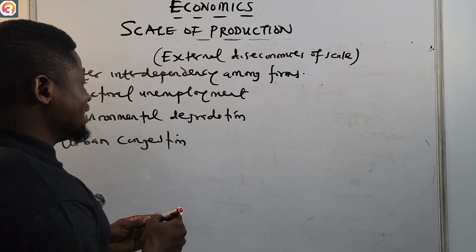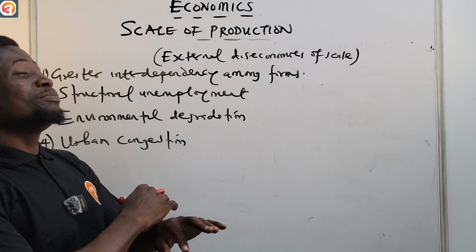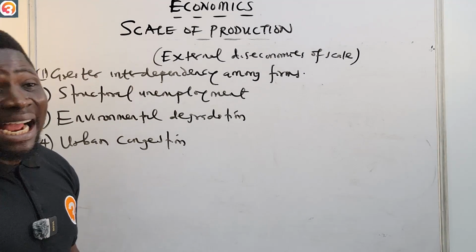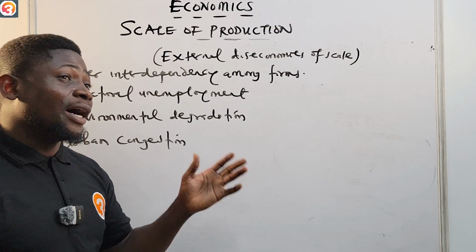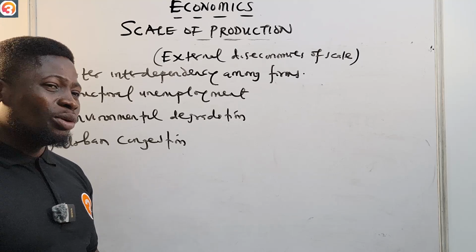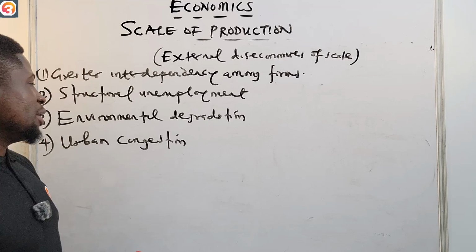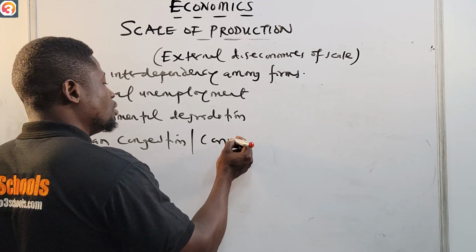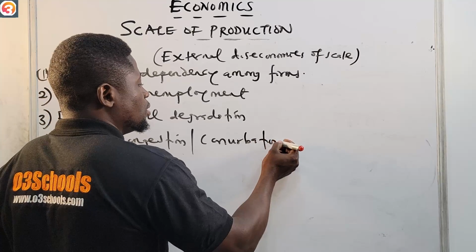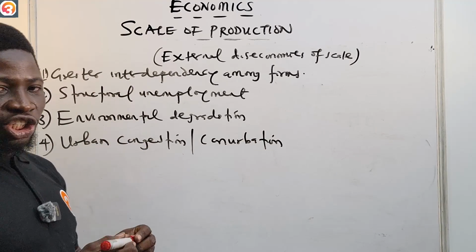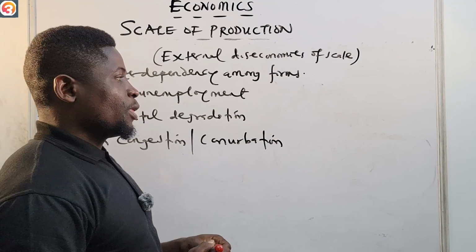That area will be filled with people walking around, people looking for a job, people already working, and so on. So that place will be congested. We call it urban congestion or conurbation. It's another disadvantage that they suffer when they localize.